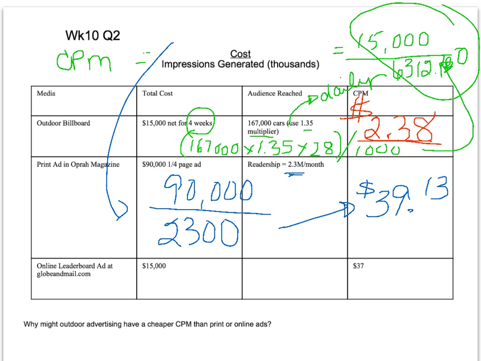The online leaderboard ad at Globe and Mail, we're asked to calculate the audience reached, which means your total impressions. So here we're going to work the other way. If your CPM is $37 and your cost is 15,000, what are your impressions in thousands?